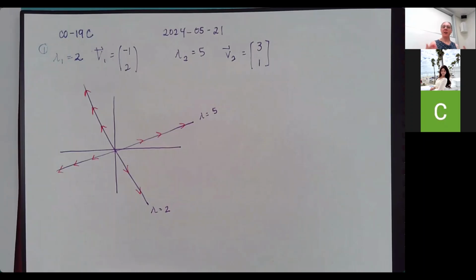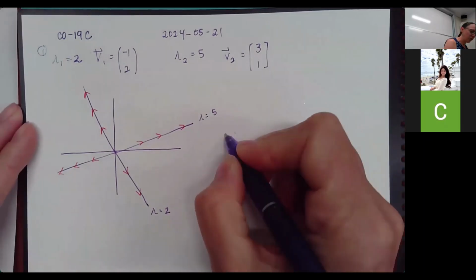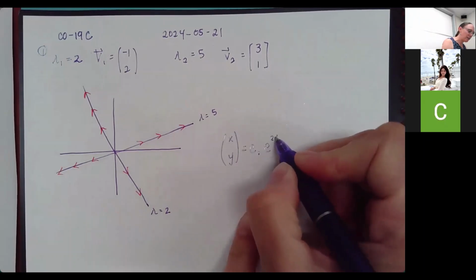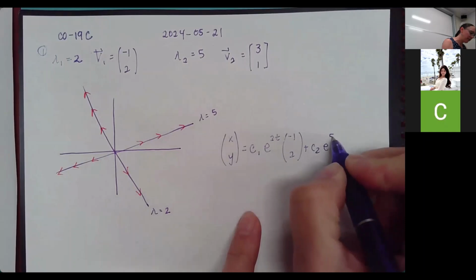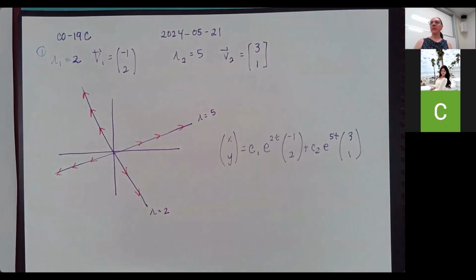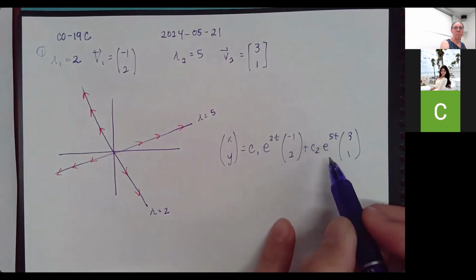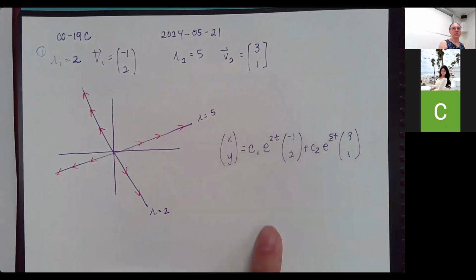Because if I think about my general solution for this equation, without finding the C1, C2, I know this is going to look like C1 e to the 2t times -1, 2 plus C2 e to the 5t times 3, 1. So as t approaches infinity, this one is getting pushed towards infinity much faster than this one because my eigenvalue is larger.